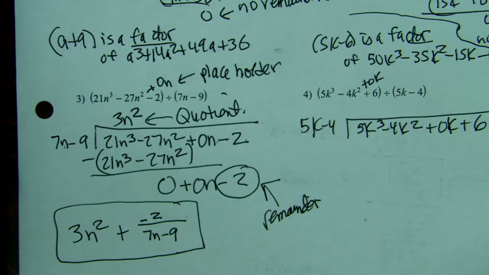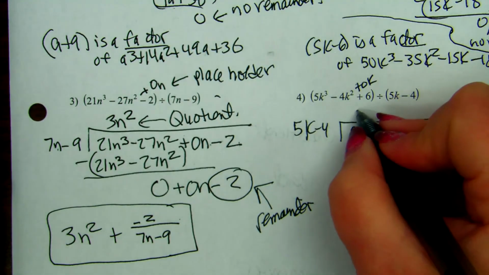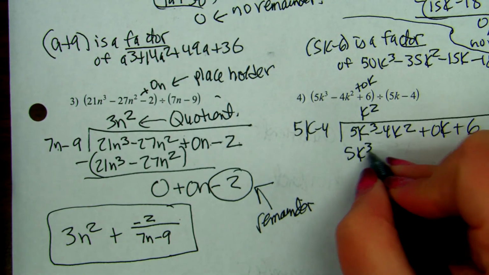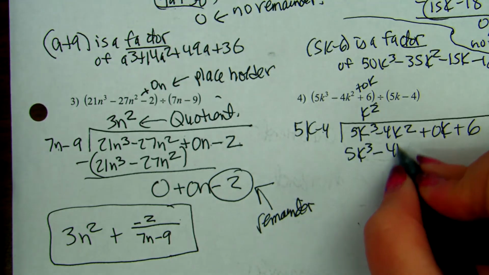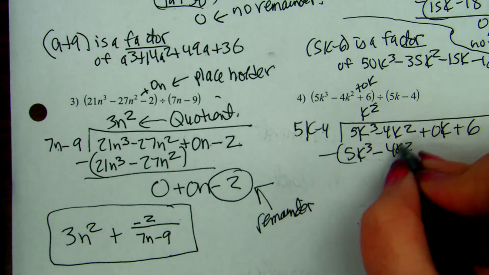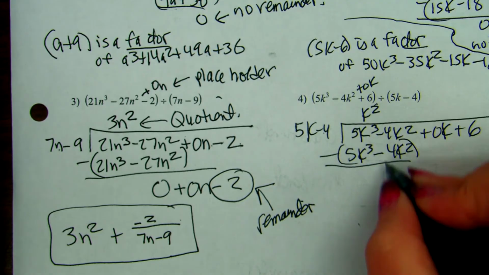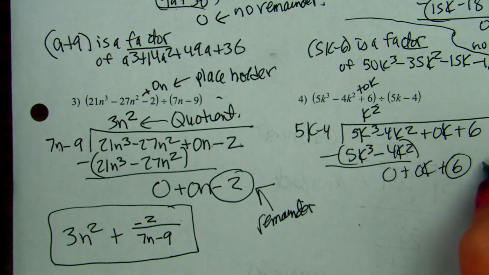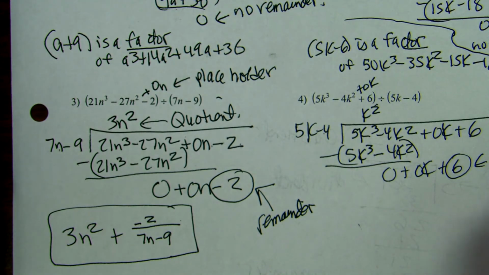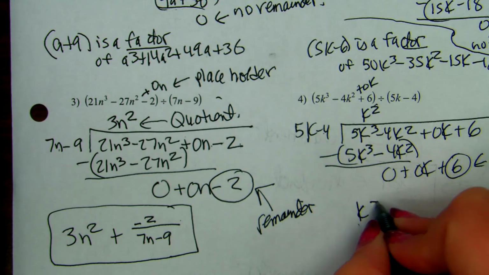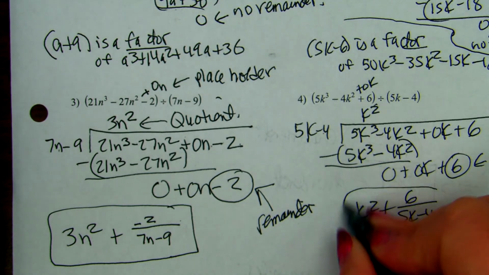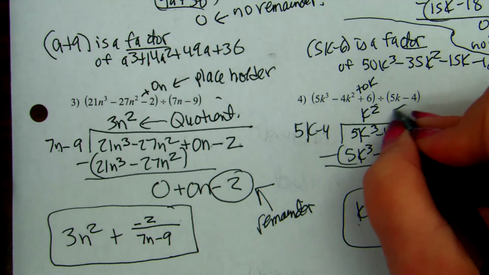So 5k squared goes into 5k cubed, k squared times 5k minus 4 is 5k cubed minus 4k squared. Subtract, we get 0 plus 0k plus 6. So that's the remainder. K squared plus 6 over 5k minus 4 is the answer. This is the quotient.